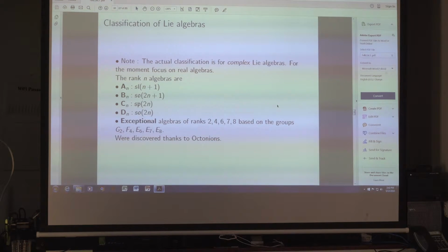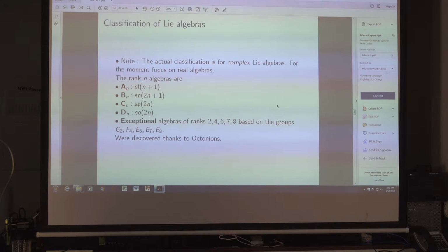The A series: many authors, when they see A sub n, say it's the algebra of SU(n+1). This is the special linear algebra SL(n+1), because in this particular case n is the rank, and it's associated with SL(n+1).